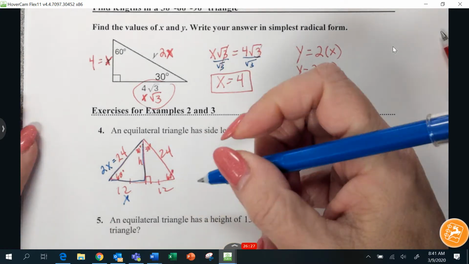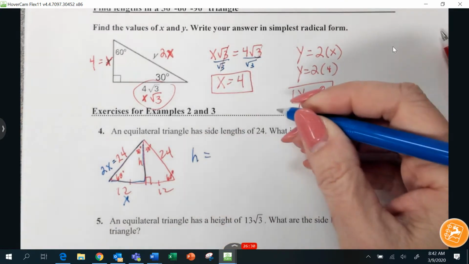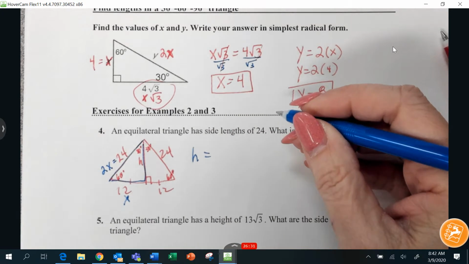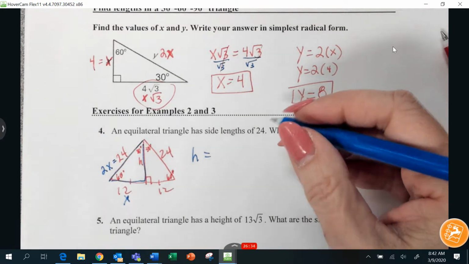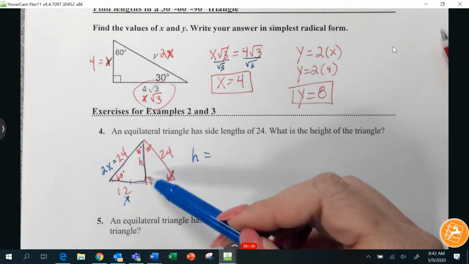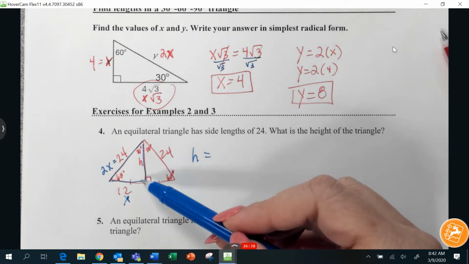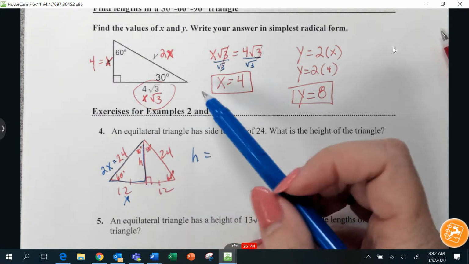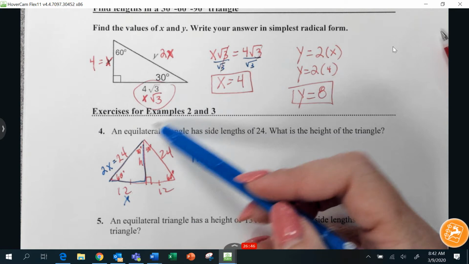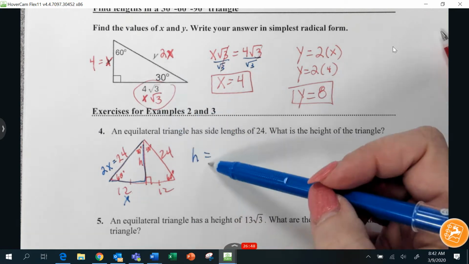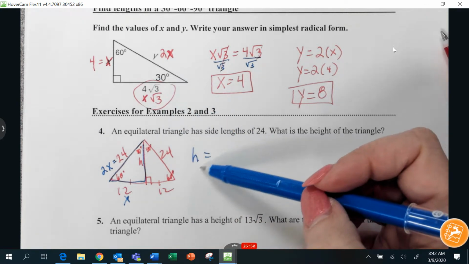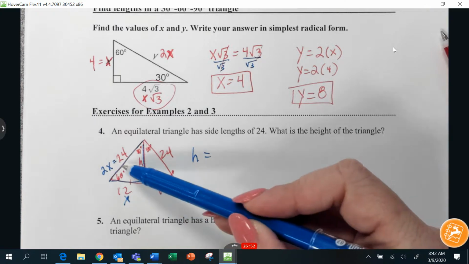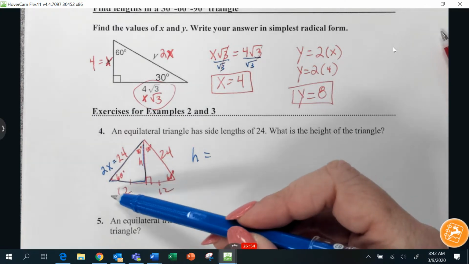We need to find the height. Emily, what is my formula in the 30, 60, 90 for the third side? Well, it's written right above in red if you don't want to scroll back on yours. I've got my x already. I've got my 2x. What's the third side?